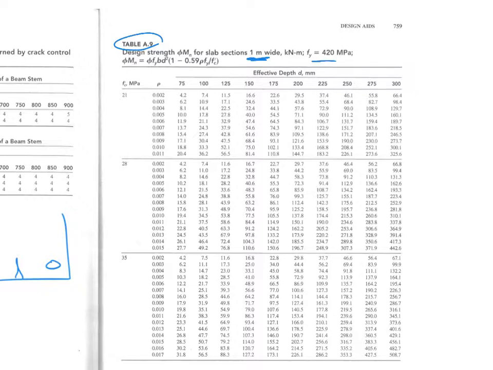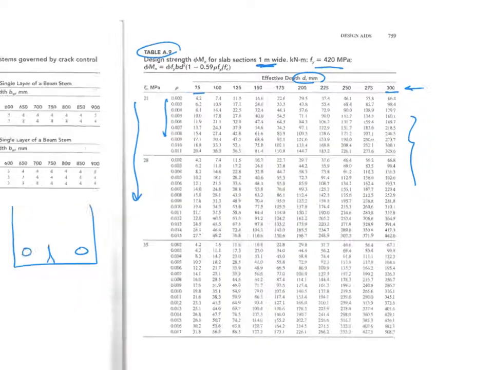And for an fy equal to 420, you go for an effective depth that is variable. You have limitations on slabs, which is very good. You don't have very thick slabs, but you could have a very thick beam. So the slab goes between 75 all the way to 300, and those are f'c values, and those are rows within each f'c. It gives you phi Mn right away.